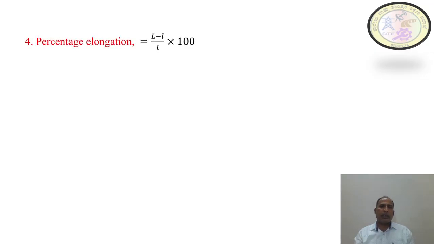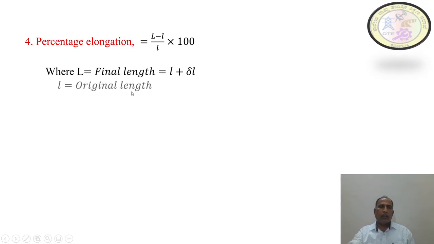Then percentage elongation is the ratio of total extension by the original length, that is L minus l by small l into 100, where capital L is the final length, that is l plus delta L, and small l is the original length.